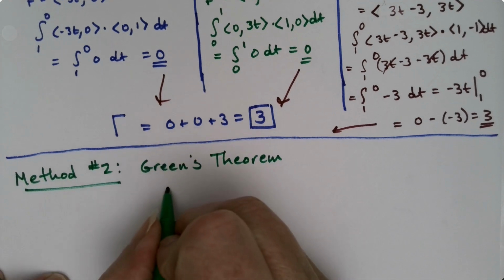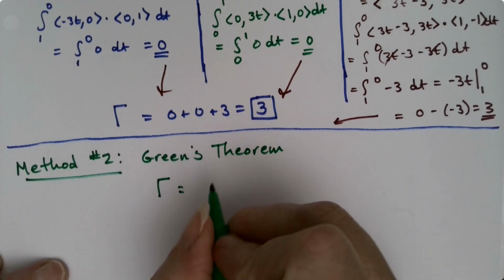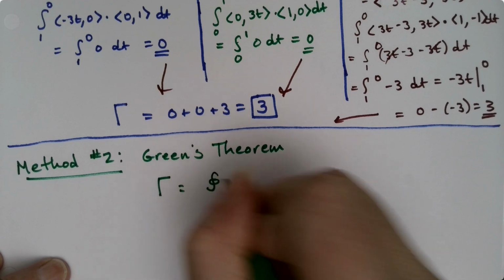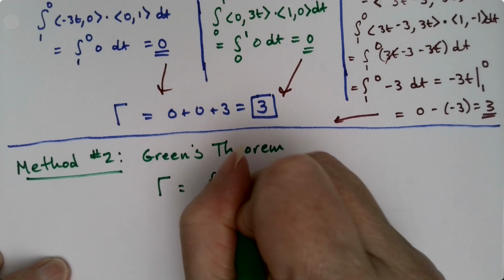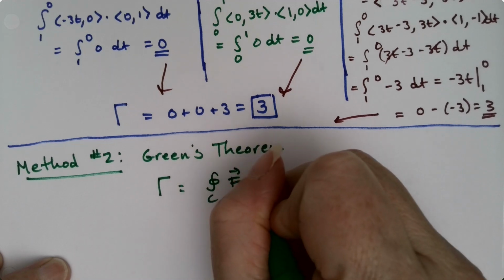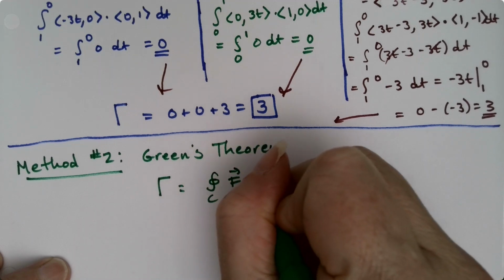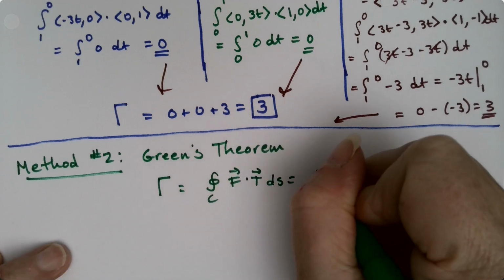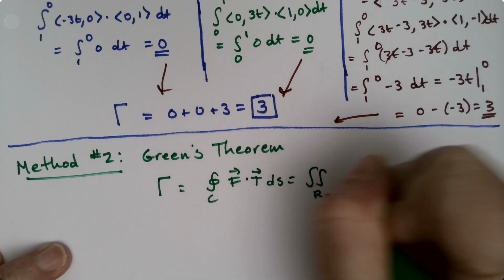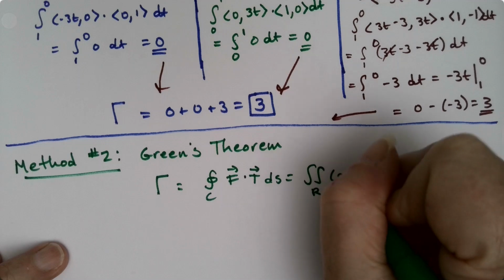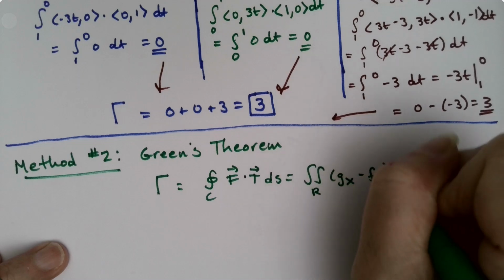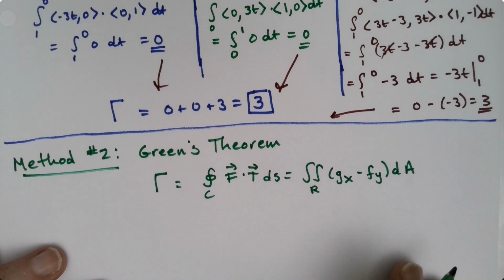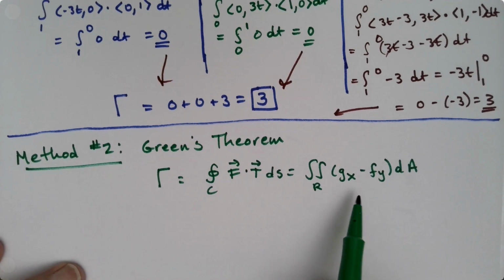Is that the circulation is equal to the circuit integral, if you will, the line integral along the closed path ds, which is equal to the double integral over the region of g sub x minus f sub y dA. Luckily for us, we know how to do double integrals.